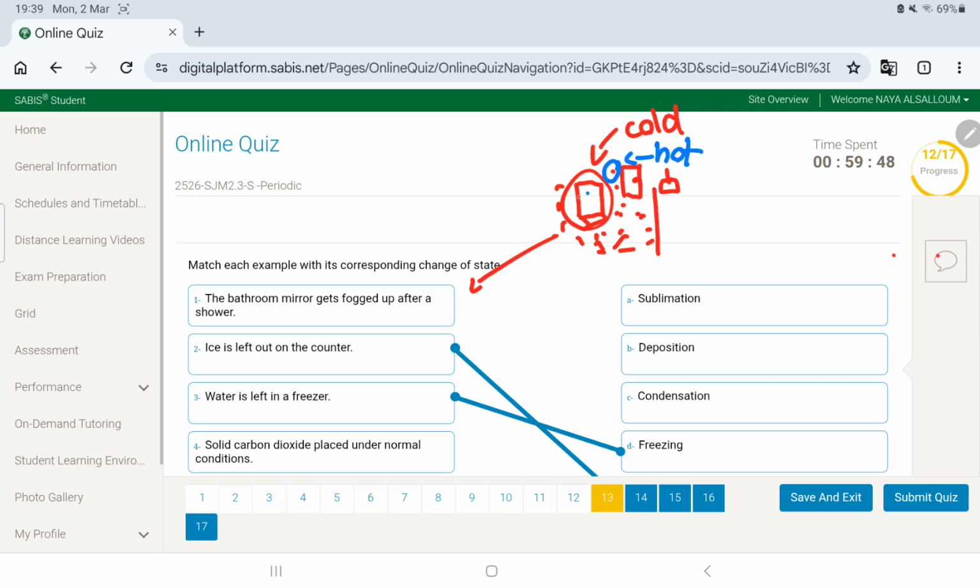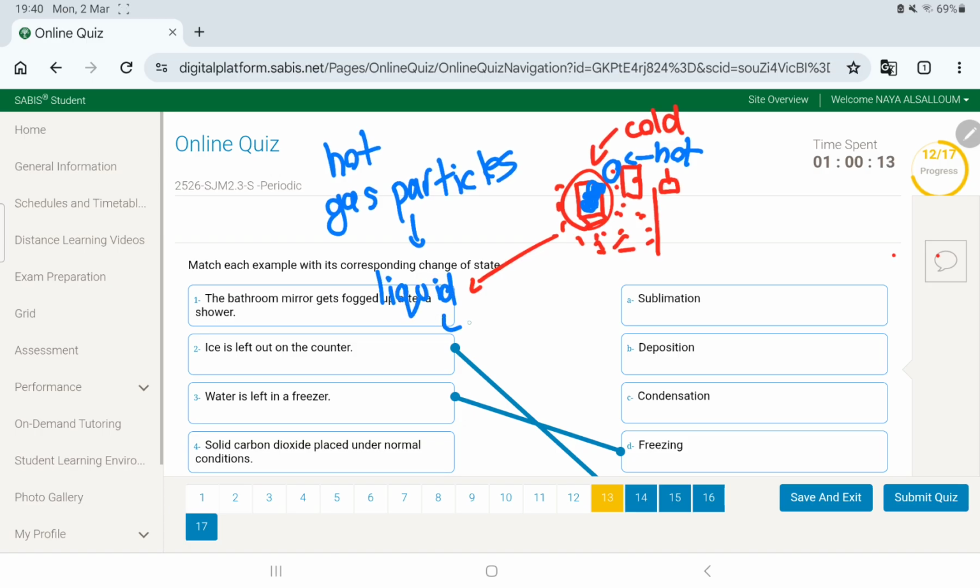So what do you expect is gonna happen when the hot particles touch the cold mirror? They're gonna change into liquid particles, right? And so many of these liquid particles, what is it gonna form? It's gonna form the fog, right? So something hot, so hot gas particles, because it changed into a liquid. When did it change into a liquid?